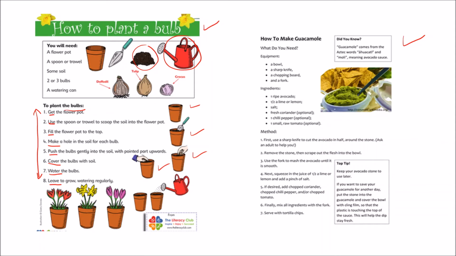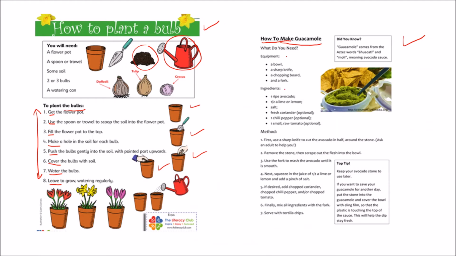Right, let's look at the recipe, how to make guacamole. This recipe has a slightly different form. It gives you lots of information and it's set out quite nicely. Firstly, you have your title, how to make guacamole. What do you need? They have the equipment, they have the ingredients, they have the method.